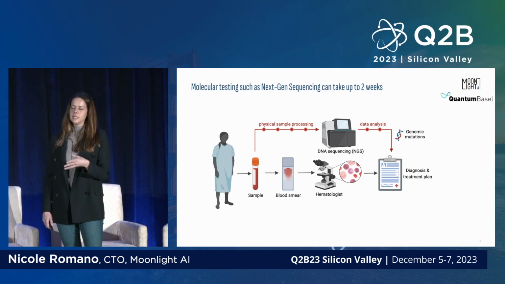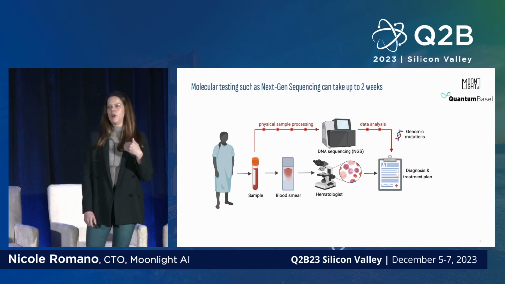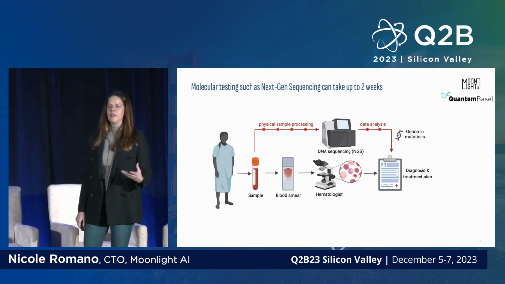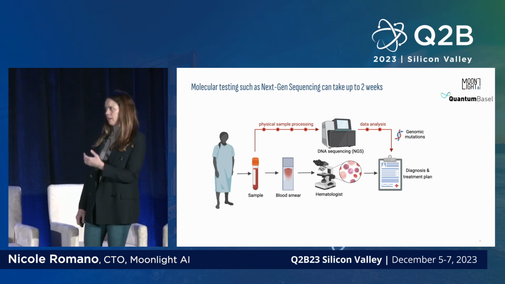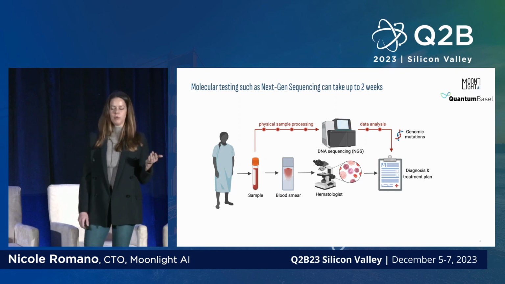The diagnostic laboratory will perform a series of physical sample processing steps followed by a molecular test, for example, next-generation sequencing, and then that will be followed with a bioinformatics or data analysis pipeline. The diagnostic lab will then return the results of which mutations are present for that patient.